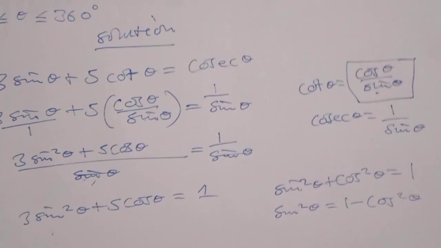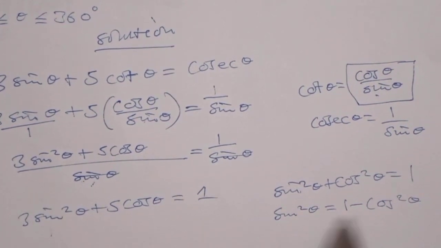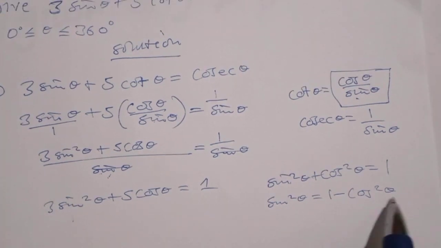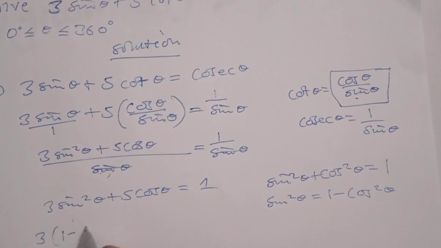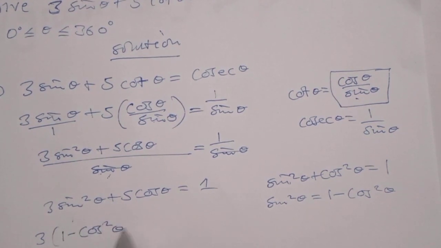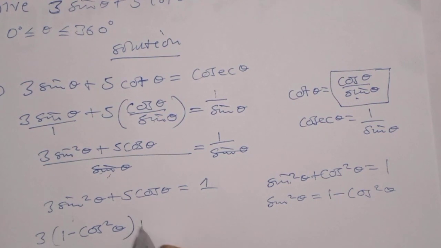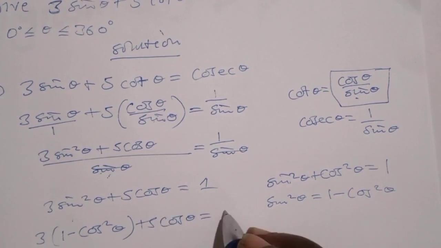So where there is sine squared theta, we substitute 1 minus cos squared theta. Here we are going to have 3 open bracket 1 minus cos squared theta close bracket plus 5 cos theta equals 1.